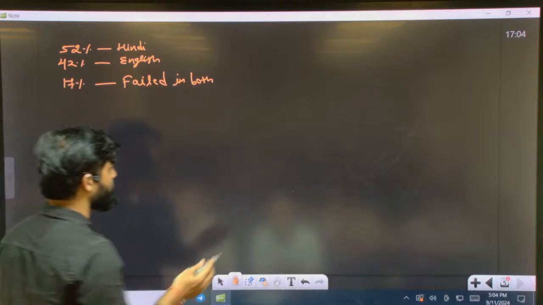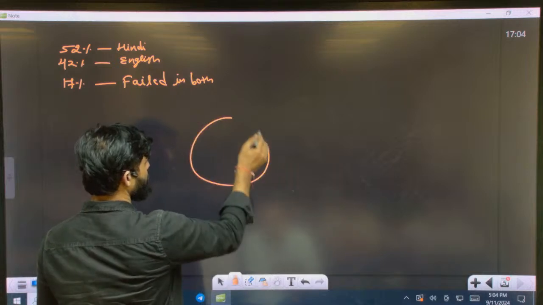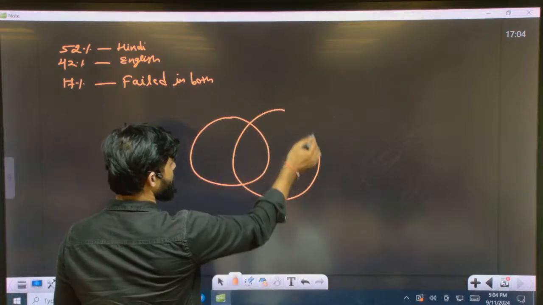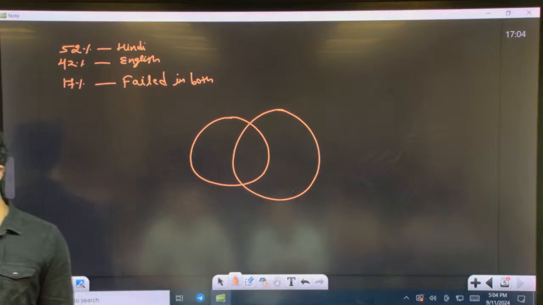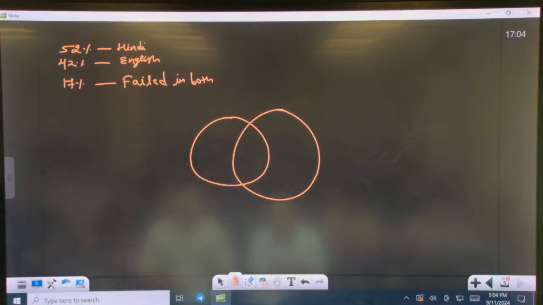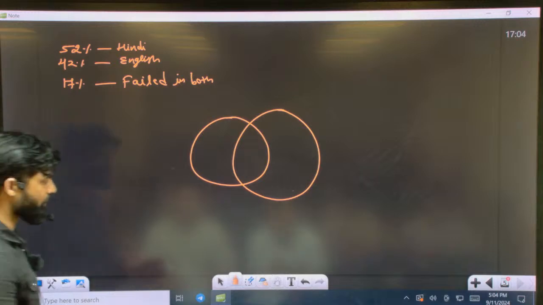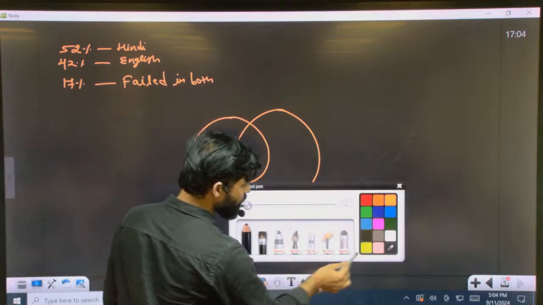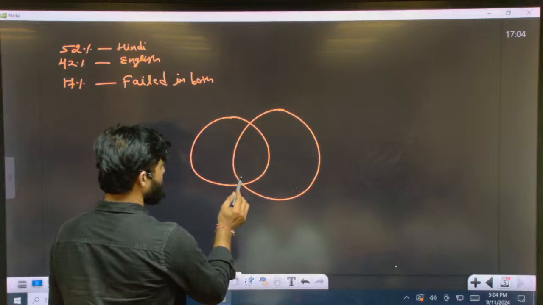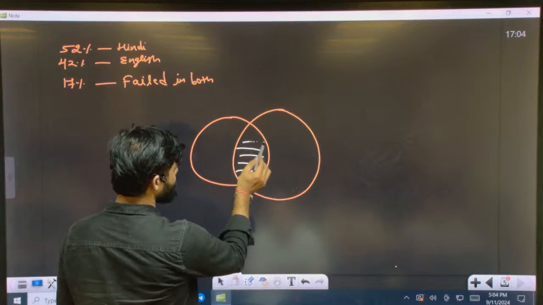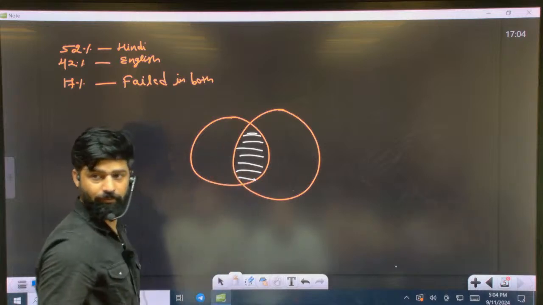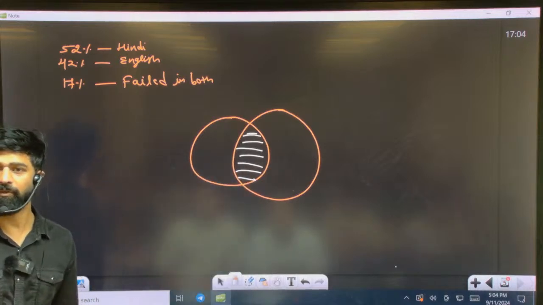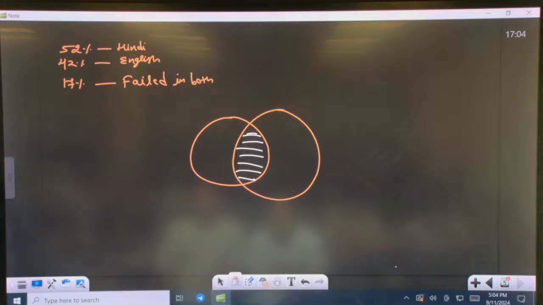Okay. So this is the first subject and this is the second subject. Both the circles are intersecting. So that intersection part, I'm not teaching you geometry. This one is in both the circles, in circle 1 and in circle 2. This is the combined part, or we can say the common part.